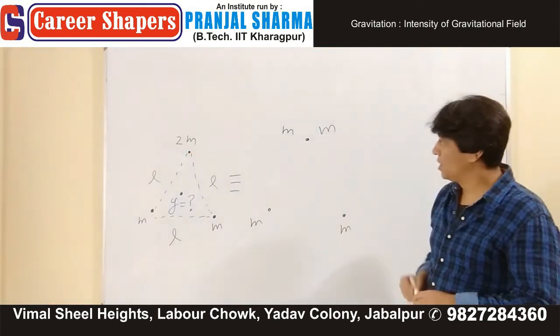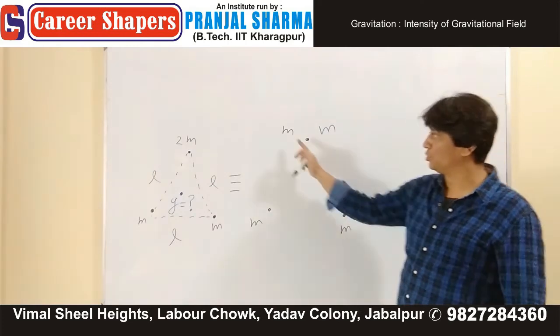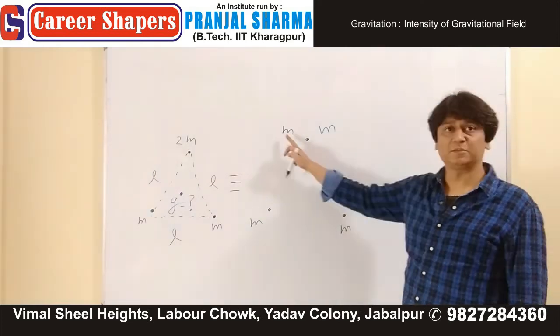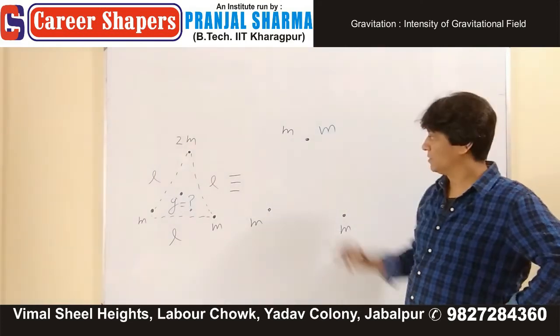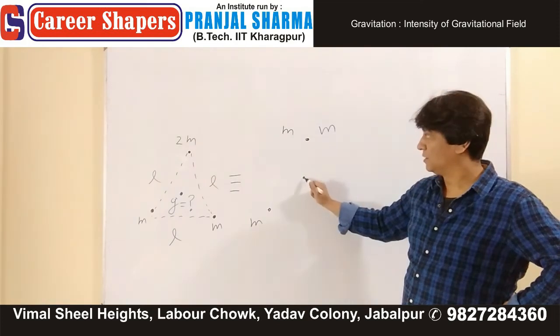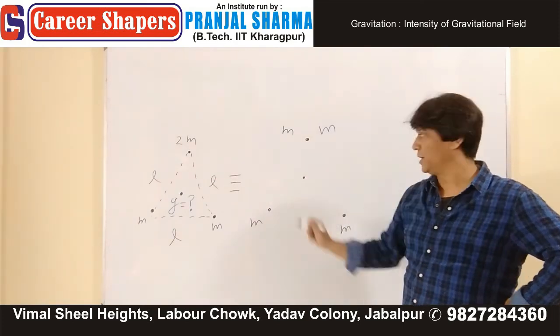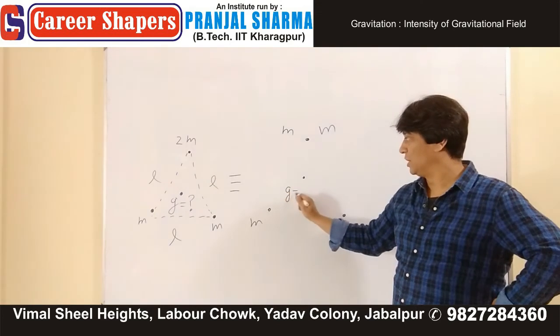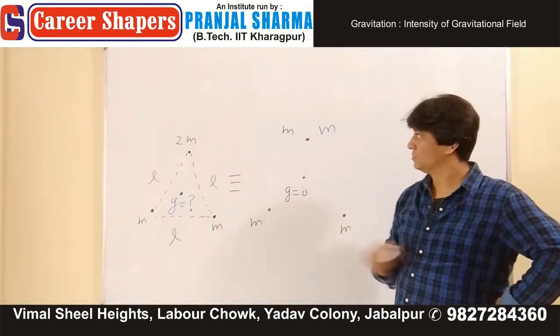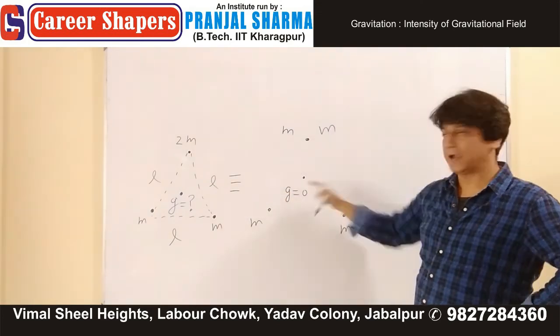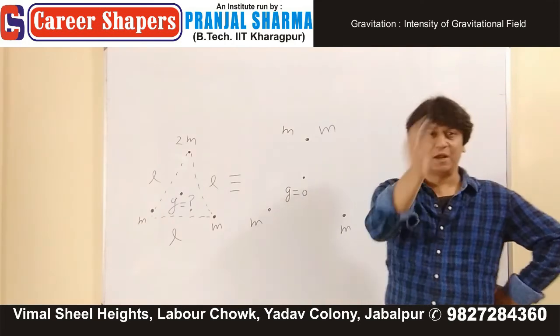Now, what is gravitational intensity due to M, M, M? These black masses at the center. Due to black, everybody knows G will be 0. Black, black, black, black. आप जो भी कलर यूज करना चाहें.